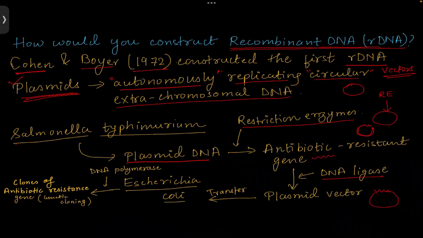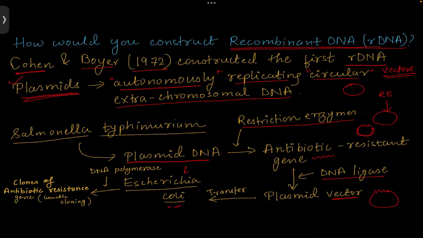Now this plasmid vector, which is carrying this antibiotic resistance gene, will be called a vector because it is delivering this antibiotic resistance gene into another host, that is E. coli or Escherichia coli. So here this plasmid vector is transferred.